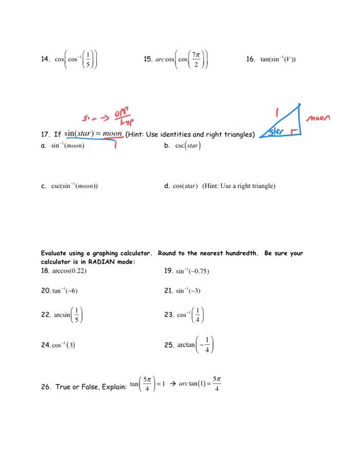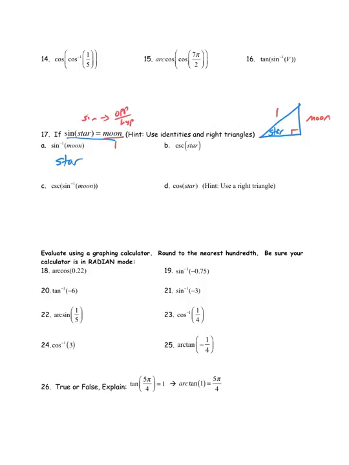That's what we're given. Letter A says, what is sine inverse of moon? So that means what angle in the right half of the unit circle would have a sine of moon? And we're given that in the statement here. Sine of star is moon, so that means that this angle is star.